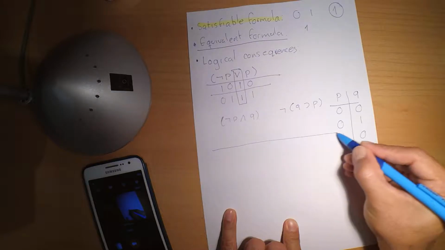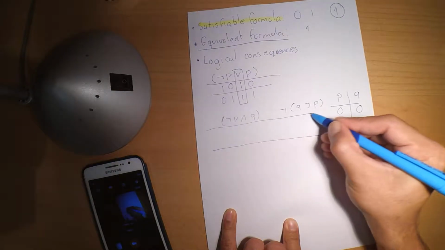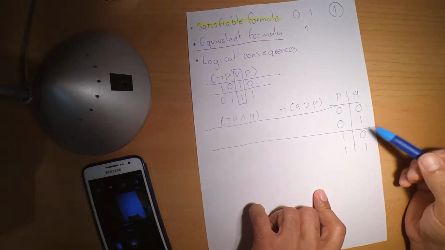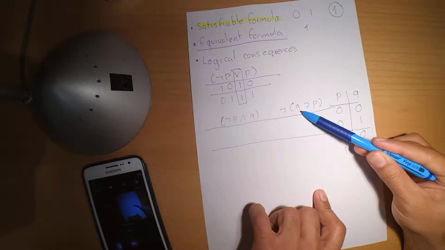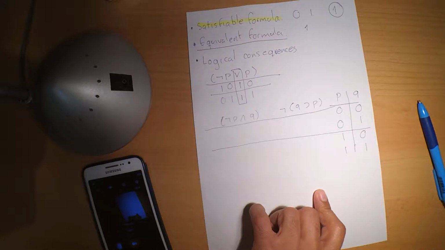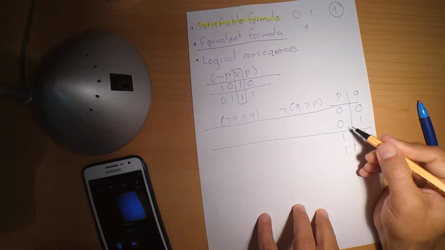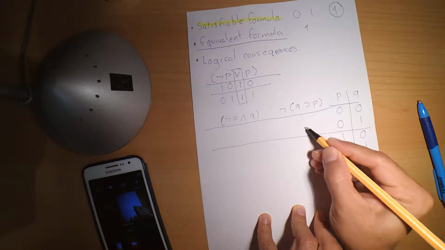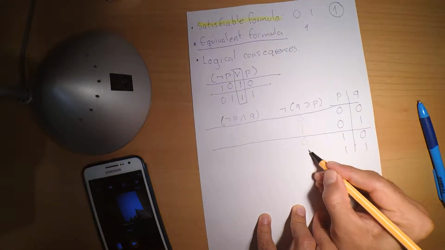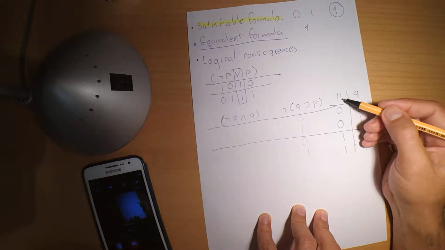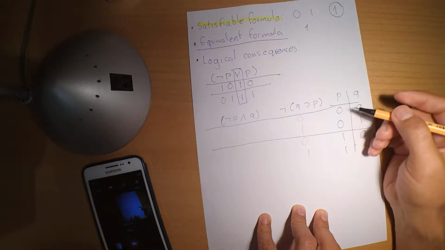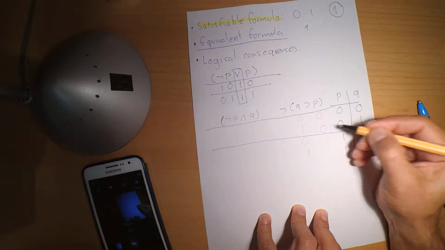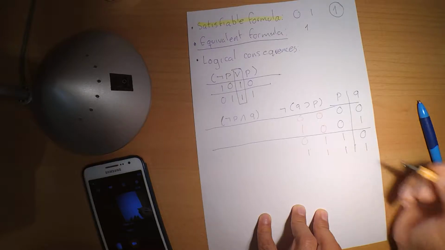Let's make one line to separate this, and let's start over. In the Q we are going to repeat this line, so this is 0, 1, 0, 1. On the side of P, we are just going to repeat the same: 0, 0, 1, 1.